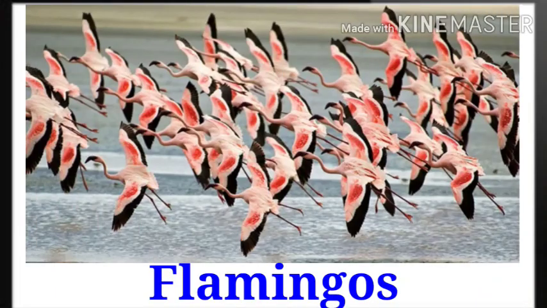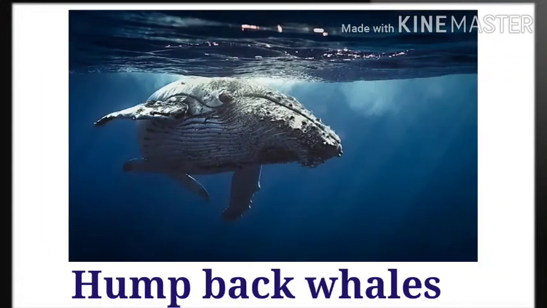Flamingo. They are non-migratory in nature, but they are never found in a permanent spot. They usually return to their homeland for breeding. Have you heard about humpback whales? A giant mammal that travels up to 5,000 kilometers for food as well as reproduction.